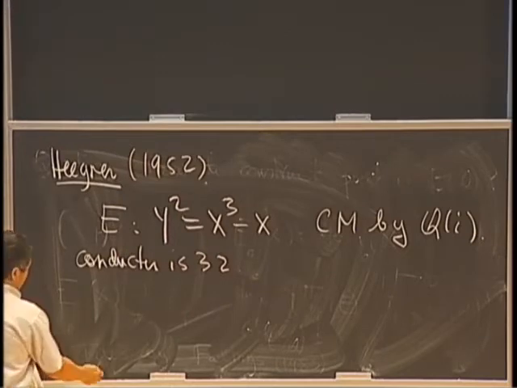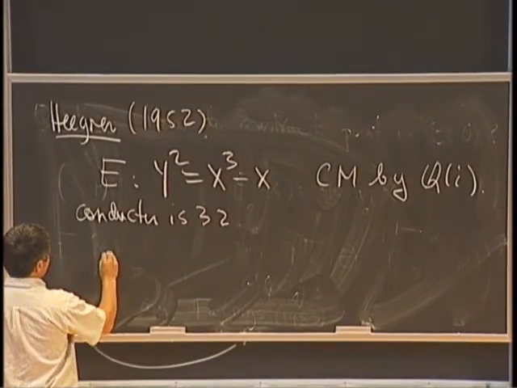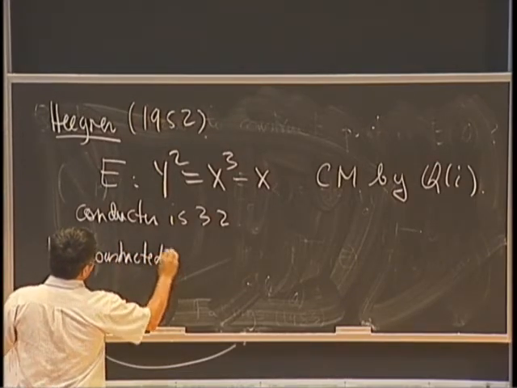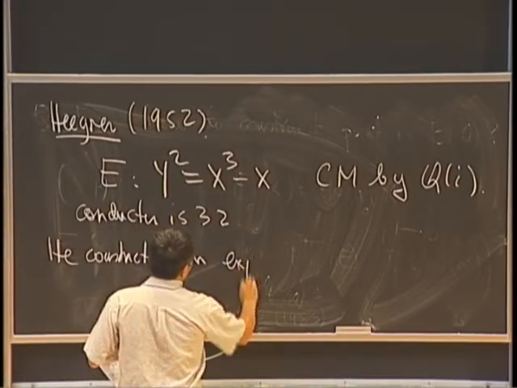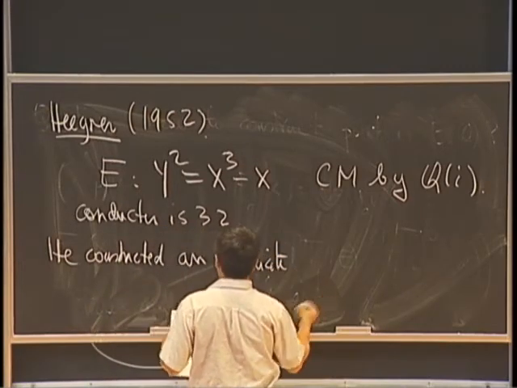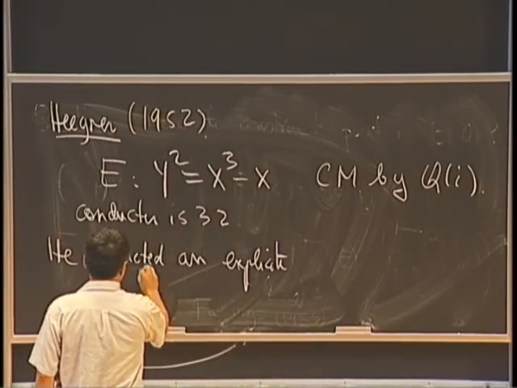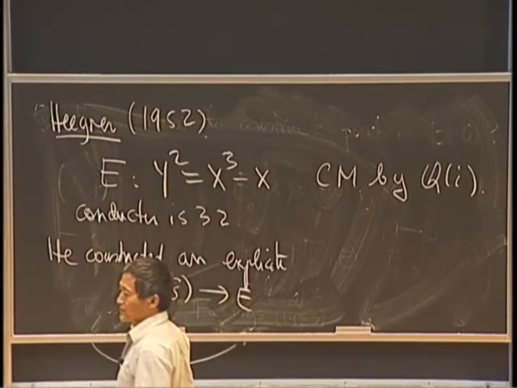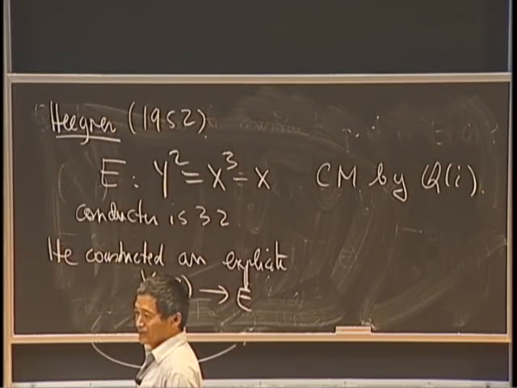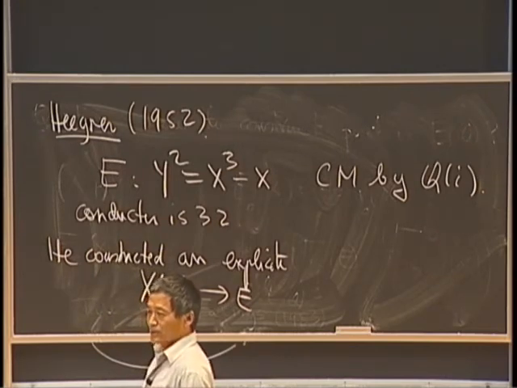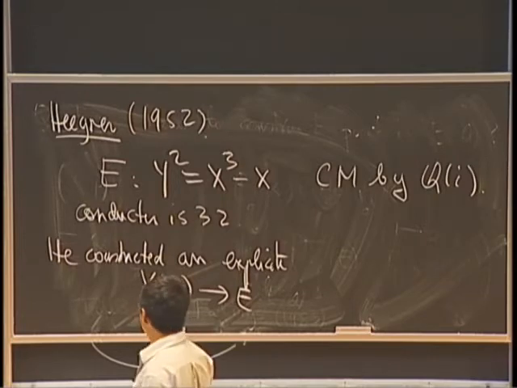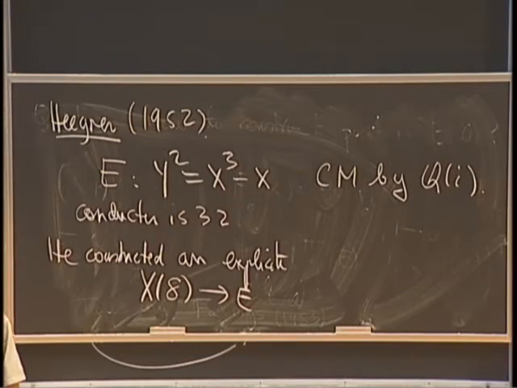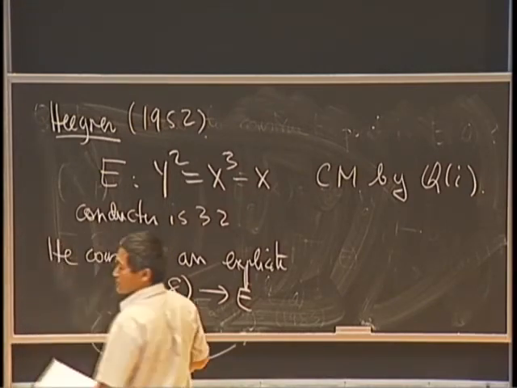Anyway, he constructed an explicit morphism from X(8) to E. These days we can do better: we can say X_0(32). But he constructed an explicit map from X(8) to E by computing all these modular elliptic functions.